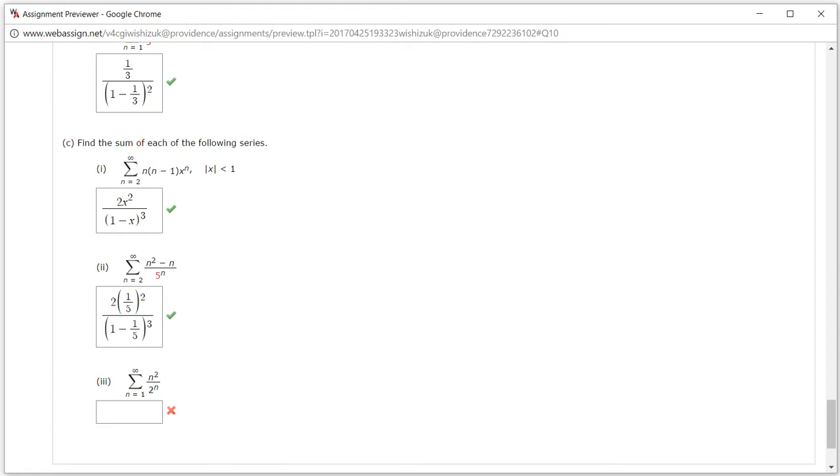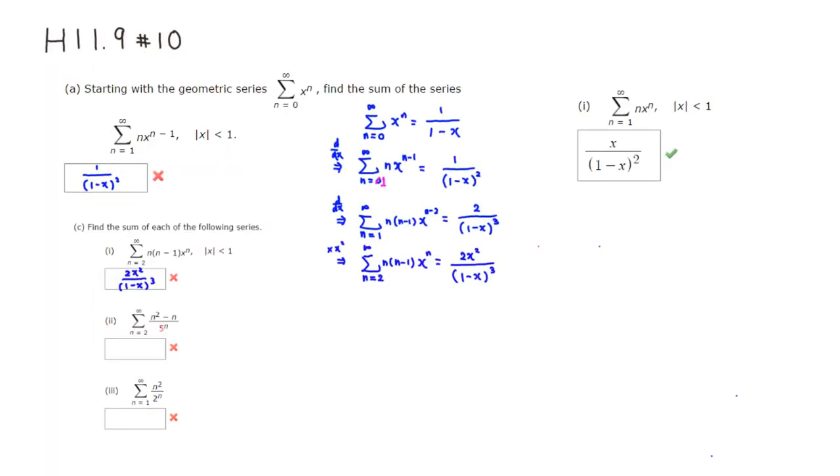All right, then the last one, part C number 3, we want to get the n squared over 2 to the n. All right, so we have to do some combination here. So if you plug in 1/2 there, you're going to get a summation, n goes from 2 to infinity.